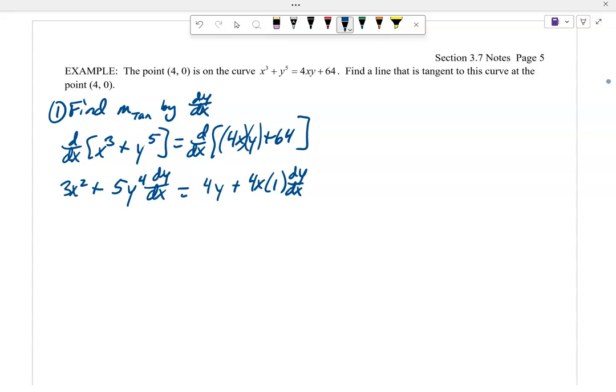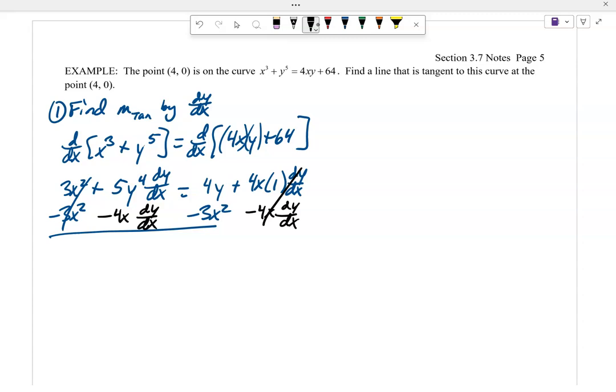And I'm going to get all my dy/dx's on one side and everything else to the other side. So I take this minus 4x dy/dx to this side, minus 4x dy/dx. And so what we have is, once I take a dy/dx out, I've got 5y to the 4th minus 4x.